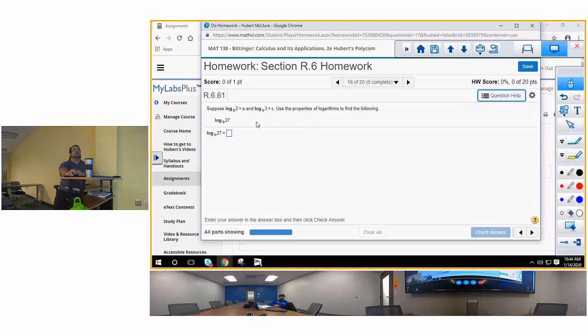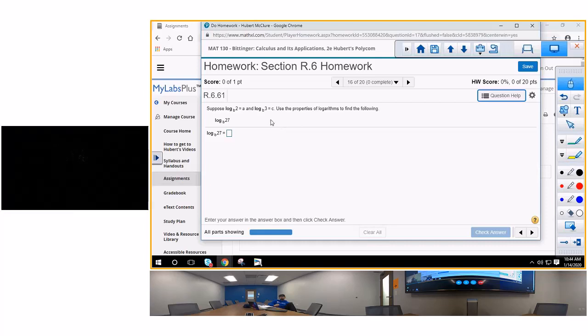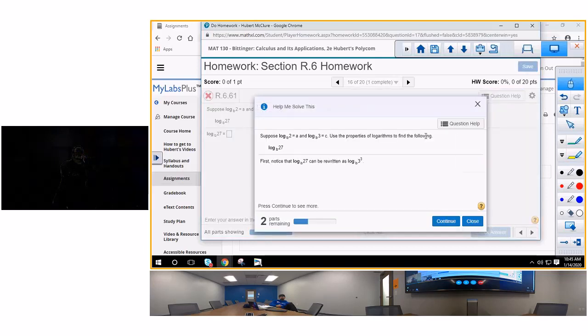So we know that 3 to the second power is equal to what? 9. Okay? We need 3 to the third power to be 27. So the first thing I'm going to do is rewrite that as log base b of 3 to the third power. But that's not going to help us, because let me see what they're doing. Yeah, 27, 3 to the third power, there it is.